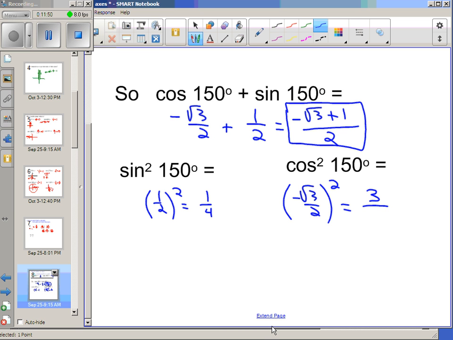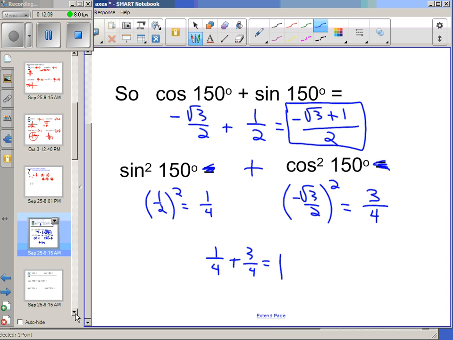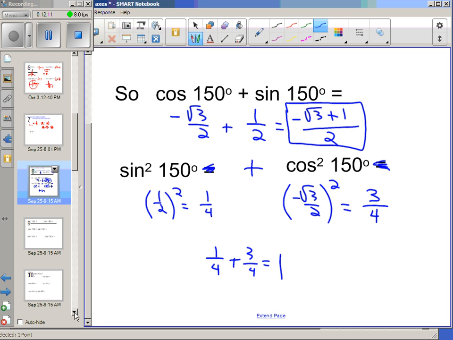And 2 squared is going to give me 4, or 2 times 2. And if I wanted to combine these, if I say this is a plus instead, then I would get 1/4 plus 3/4 is 1. And that's hinting up to something we're going to call an identity that we will actually do a lot more with later on this semester.